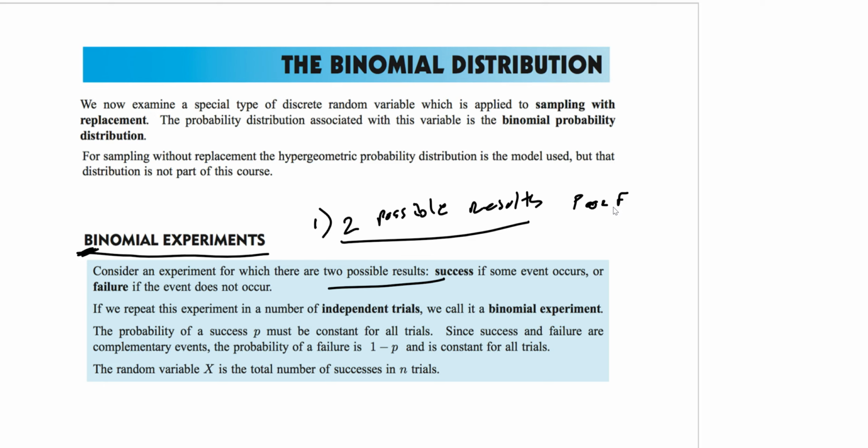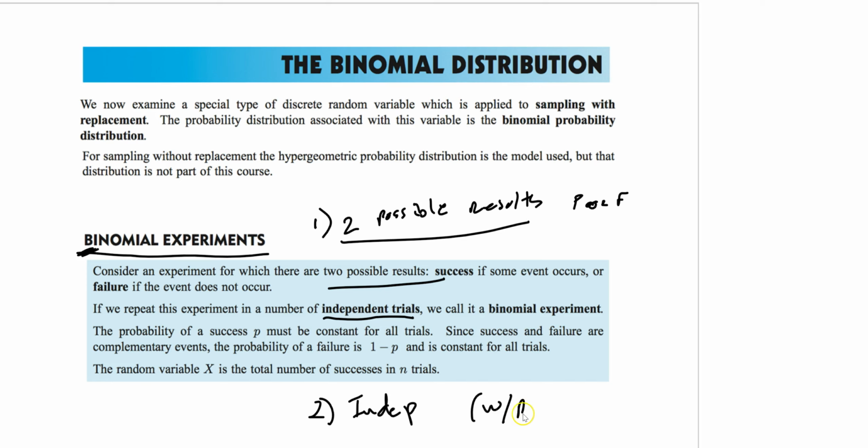That's the first thing. Second, it has to be independent. What this means, when I was talking about the bag of marbles, is that it has to be with replacement. It can't be without replacement. Some things are automatically independent, like rolling a die or flipping a coin. The odds never change. But with other things, it has to be with replacement.